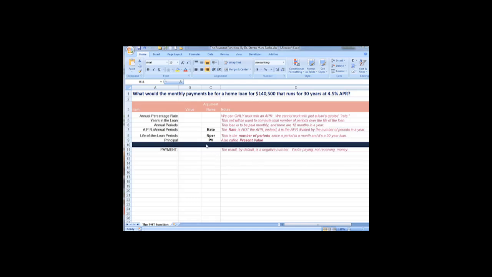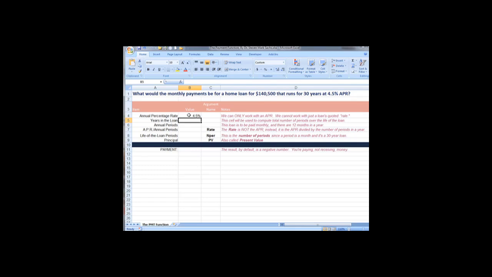I'll fill in the APR from the problem statement. It's 4.5%. You'll notice that as I fill in column B, I've already formatted most of the cells to reflect the proper formats.